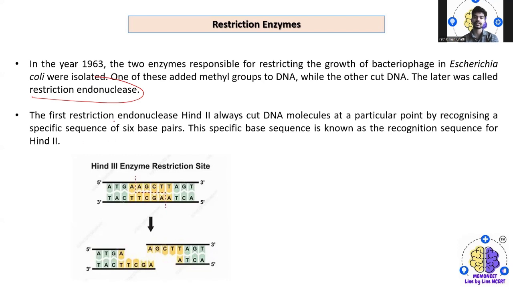The first restriction endonuclease, Hind II, cuts the DNA at one specific point by recognizing a specific sequence of six base pairs. This specific base sequence is called the recognition sequence of Hind II.